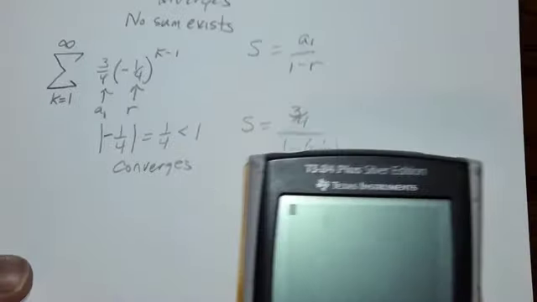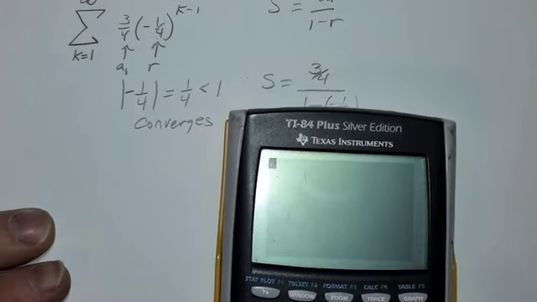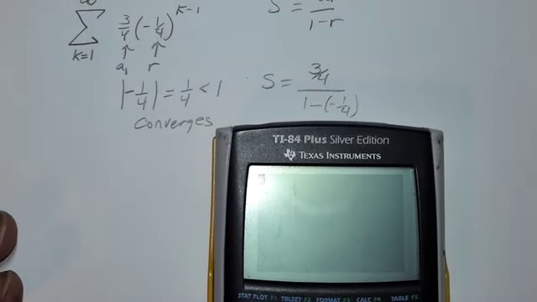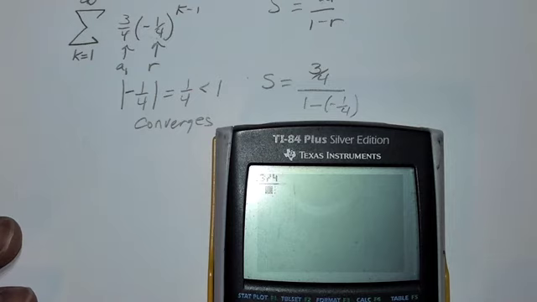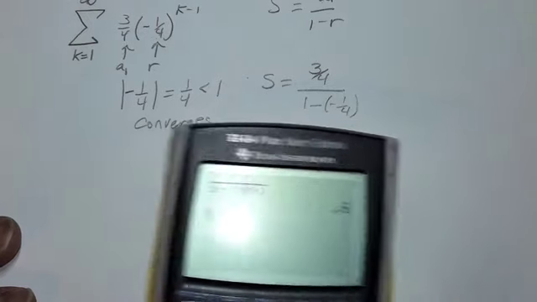And again, we can just take the calculator and we're just going to put that right in there. Just going to make a fraction. 3 divided by 4 over 1 minus parenthesis negative 1 divided by 4. And the answer is 0.6.